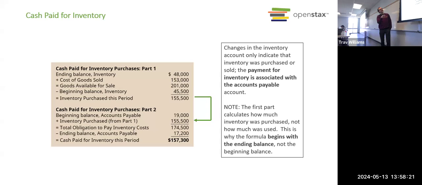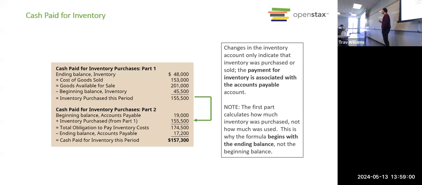Notice that the formula to figure out how much inventory we purchased starts with ending inventory. So you start with your ending inventory, add the cost of what you sold, subtract your beginning inventory, and that tells you how much you purchased. Then that calculation, how much you purchased, goes into your next calculation. Okay? So it's not that hard, but it's just a little confusing, so you want to make sure you go through it step by step.